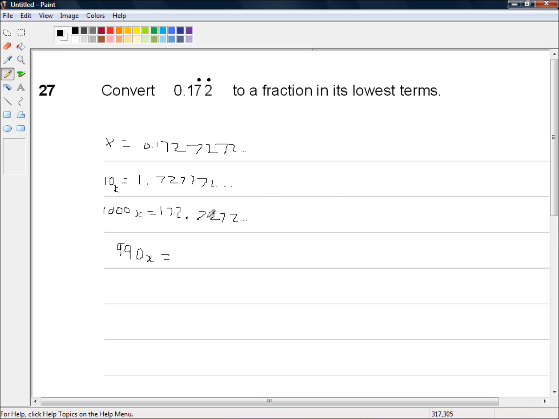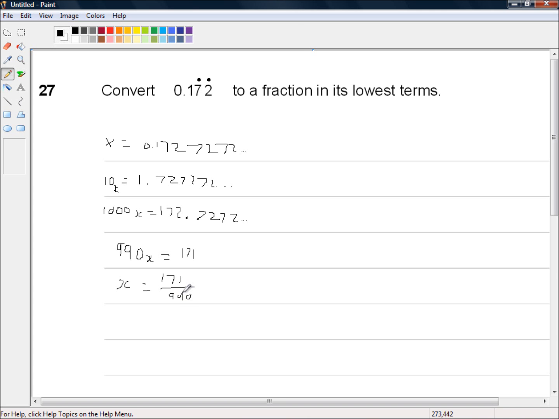All of these 727272s that go on forever are subtracted from each other, so they all disappear, and we're left with 172 minus 1. So that's just equal to 171. So x, which is this repeating decimal, is equal to 171 over 990, and that is expressed as a fraction.